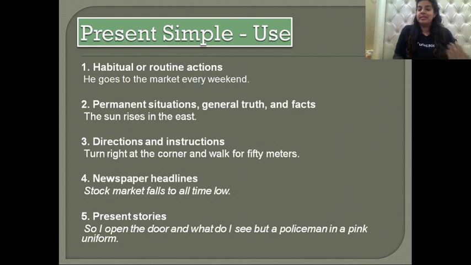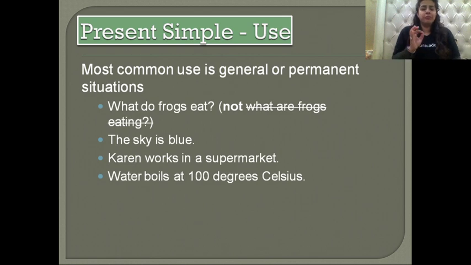And then the most common use of simple present tense is general or permanent situations. For example, if I say, what do frogs eat? It means I am asking something which is general. What do you eat for breakfast? Something which is permanent. He or she might reply that I eat so and so dishes. Or someone could say, well, I can eat anything, I'm very flexible. The sky is blue.